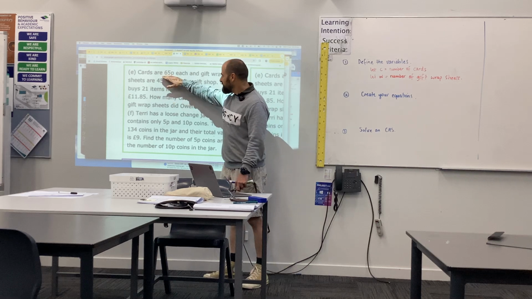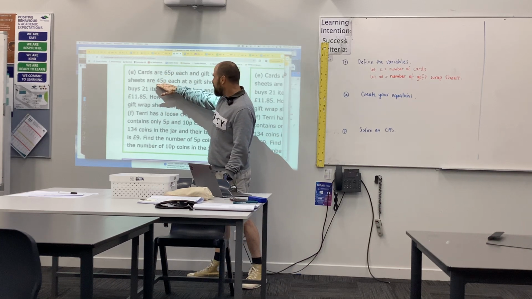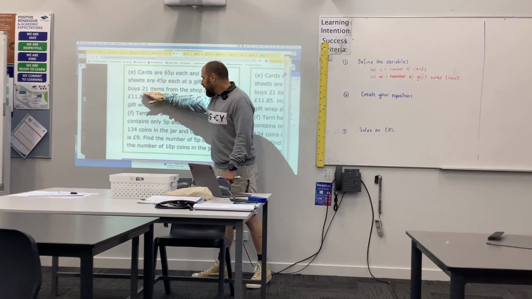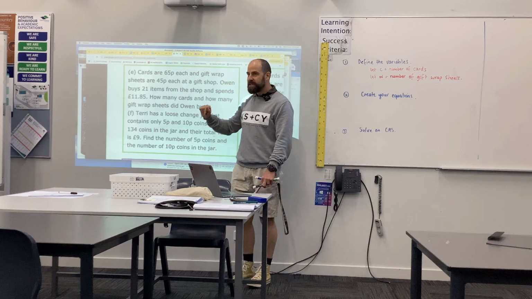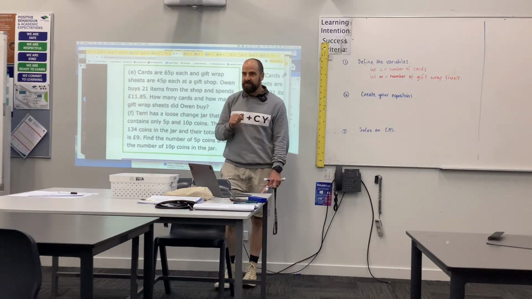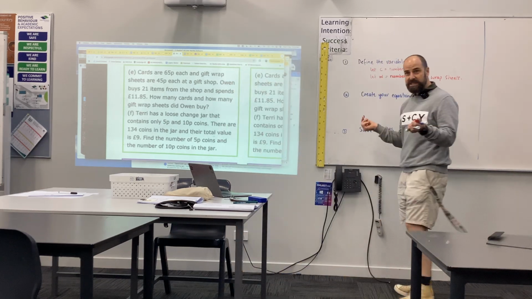So, cards are 65p each and gift wrap 45p. We've got 21 items from the shop. He buys 21 items for a total cost of £11.85. We know he buys 21 items.